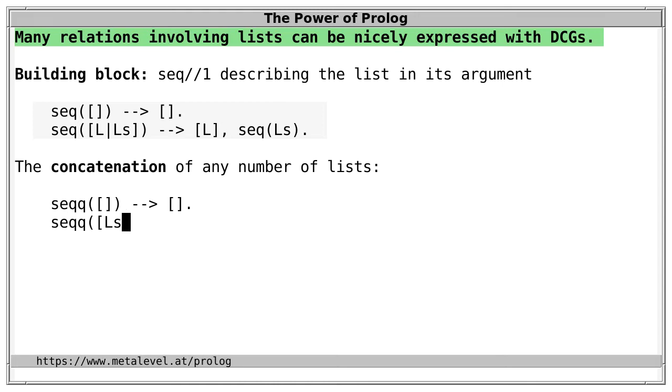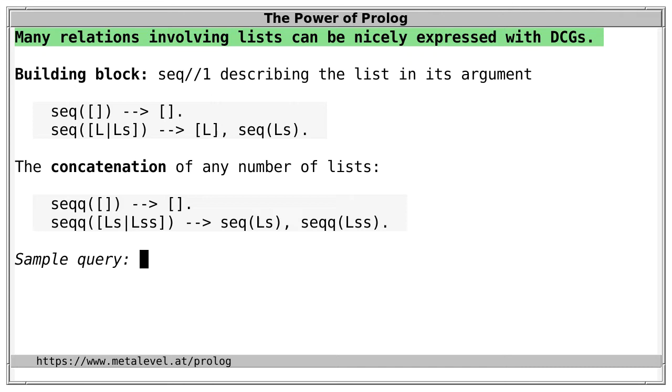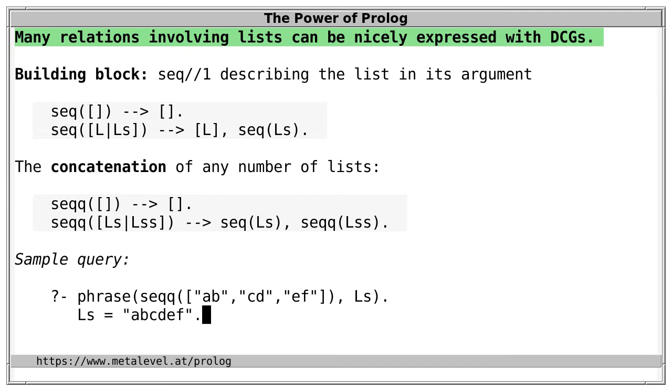And if there's at least one list Ls and possibly remaining lists Lss, then it describes the sequence starting with the elements of the list Ls, followed by the concatenation of the lists Lss, right? And we can use it, for example, if we have such nested lists like this, where we remove one level of nesting, obtaining the concatenation of all these strings.